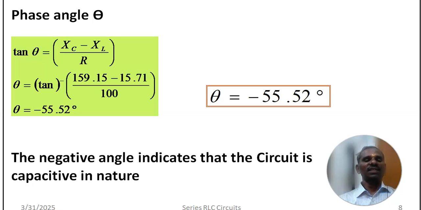We get theta equal to minus 55.12 degrees. Since theta is minus 55, it lies in the fourth quadrant. It shows that the circuit is capacitive in nature because of the negative angle.